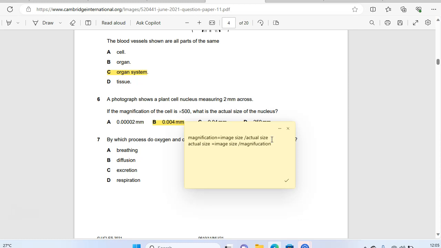The image size you can see is 2 millimeter, which is going to be divided by the magnification, which is 500. If you divide 2 millimeter by 500, your answer will be exactly 0.004 millimeter. This is how you're going to solve it.